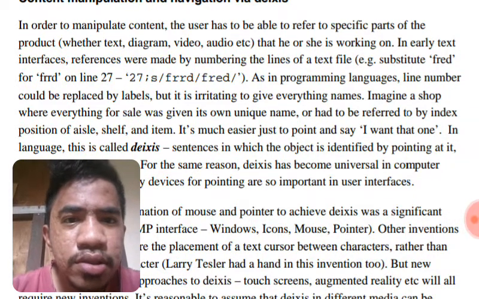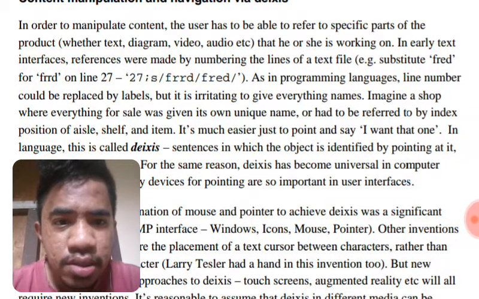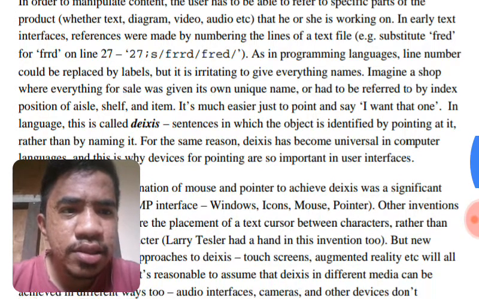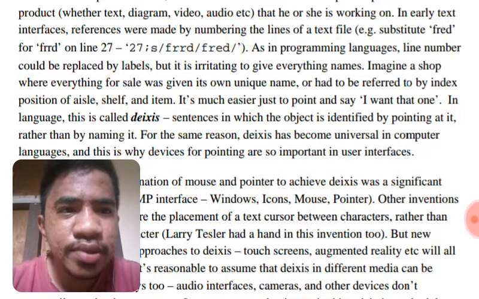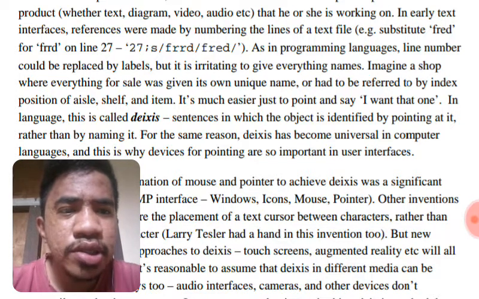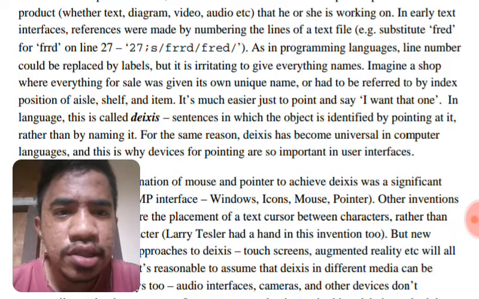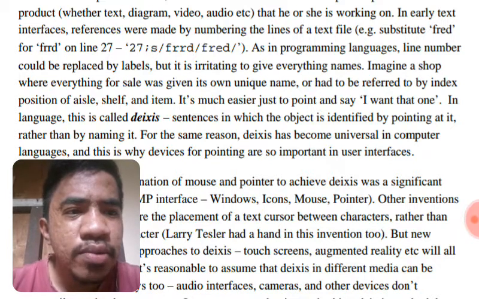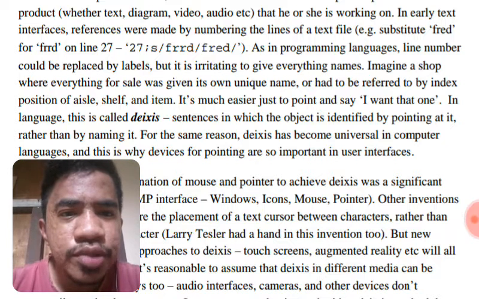Line numbers could be replaced by labels, but it's irritating to give everything names. Imagine a shop where everything for sale was given its own unique name, or had to be referred to by the index position of aisle, shelf, and item. It's much easier just to point and say, I want that one, in the language.